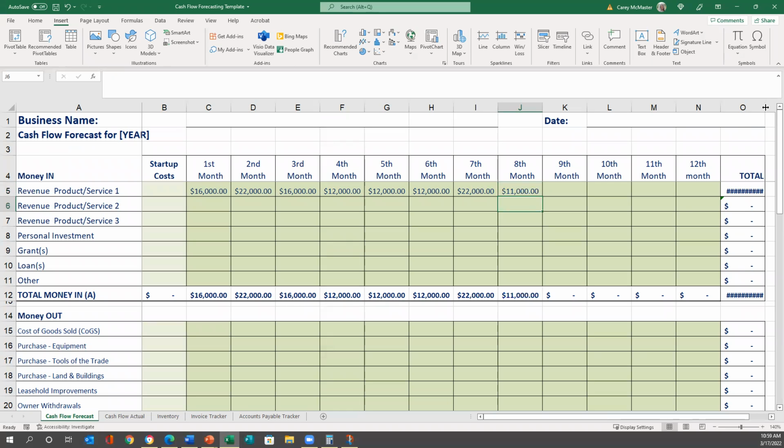Okay, so I'll just make this column a bit wider, and we can see I anticipate the sales are going to be $123,000. This is based on research and past experience.